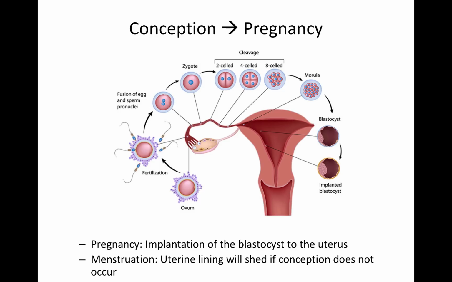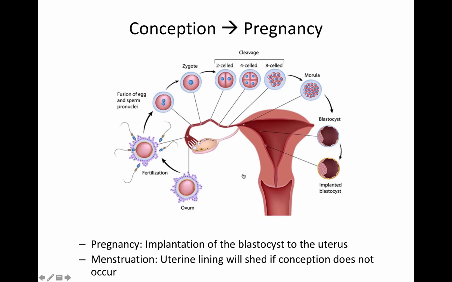In looking at how we go from conception to pregnancy, the process of pregnancy starts with ovulation. As noted on the previous slide, a mature egg is released from the ovary, pushed down the fallopian tube, and is available to be fertilized by the sperm. The lining of the uterus has thickened to prepare for implantation of the fertilized egg. Fertilization will occur from the fusion of the sperm with the egg.